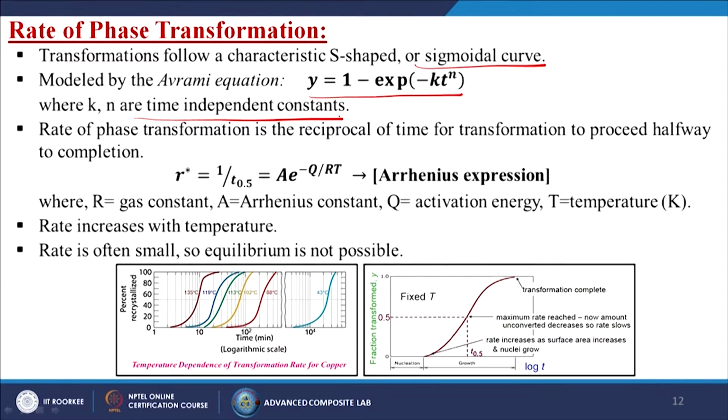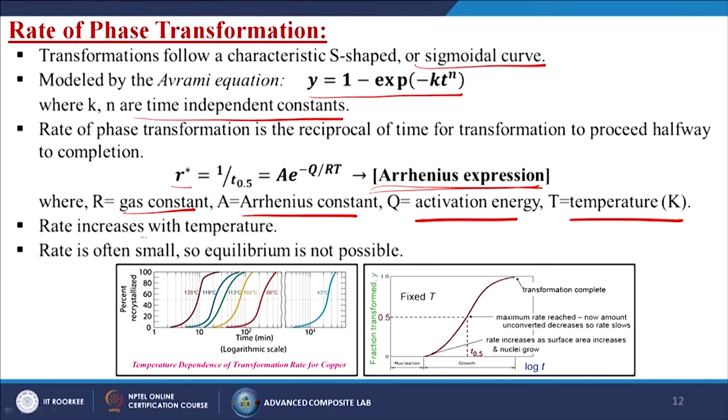Rate of phase transformation is the reciprocal of the time for the transformation to proceed halfway to completion, which is r prime is equal to 1 by t 0.5 is equal to A e to the power minus Q by R T. That is known as the Arrhenius expression, where R is the gas constant, A is the Arrhenius constant, Q is the activation energy, and T is the absolute temperature, in Kelvin.